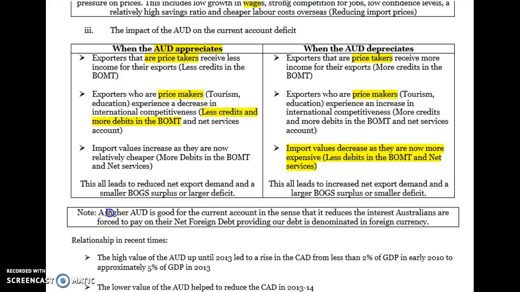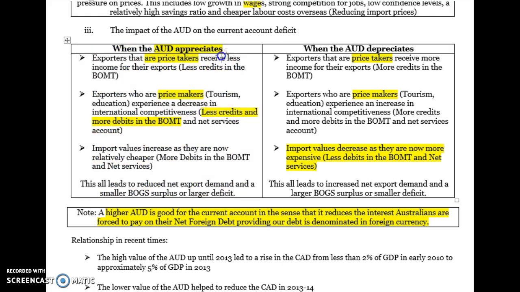A higher Australian dollar is therefore good for the current account in the sense that it reduces the interest Australians pay on their foreign debt if denominated in foreign currency. So while a high Australian dollar is bad for the balance of merchandise trade, it does have some benefits for the net primary income section because we pay less interest.